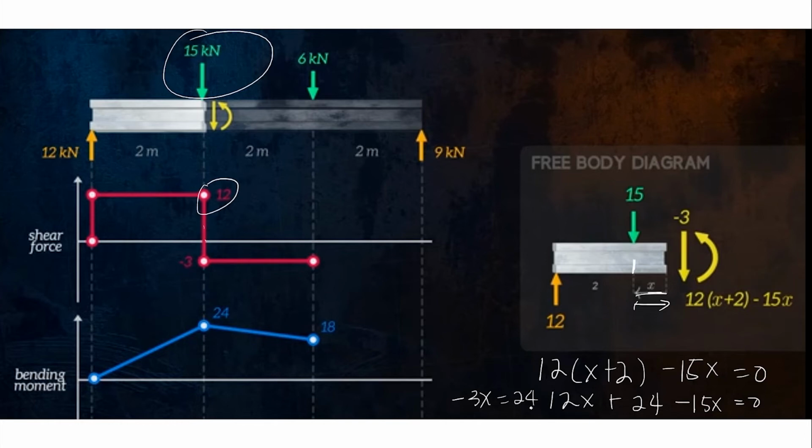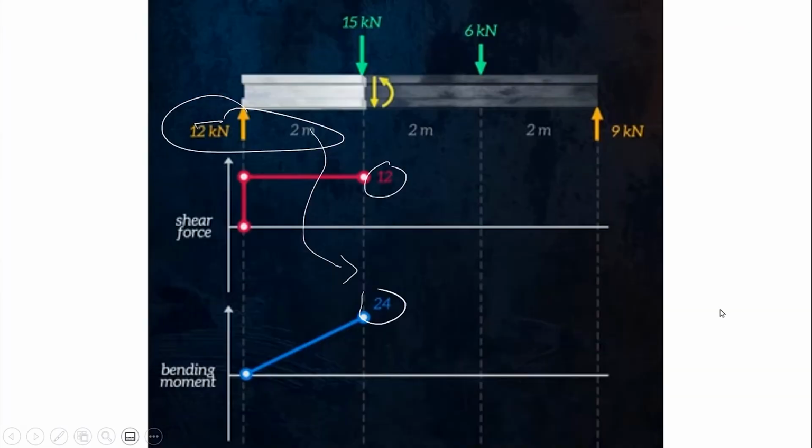Ilan yung 24? Tama ba yan? 24. So, kung negative, mag-negative siya, di ba? Negative 3. So, dapat maging negative 8. Negative 8 ang kinuha niya. So, i-check natin muna.